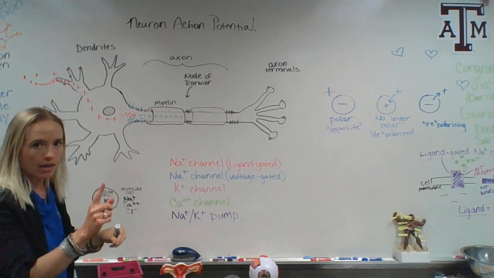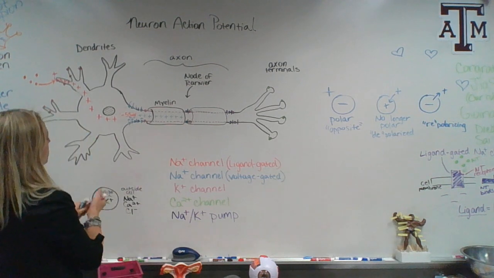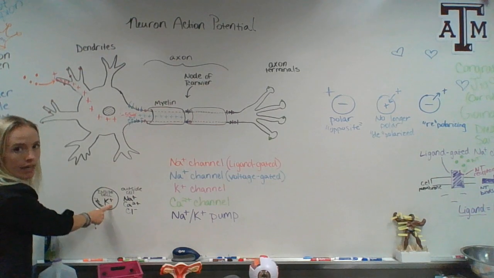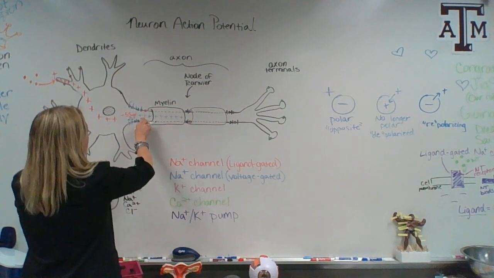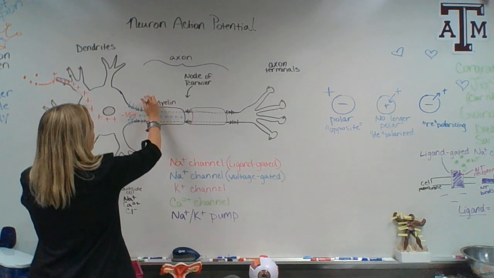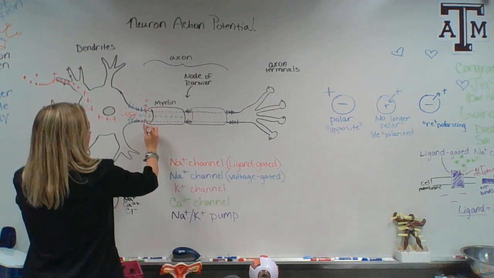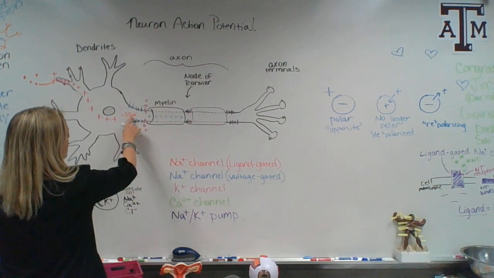and another gate opens, the potassium channel. The potassium channel opens, and the potassium, which started out high inside the cell, is going to go out of the cell. So as the potassium leaves, this is now going to get negative again.